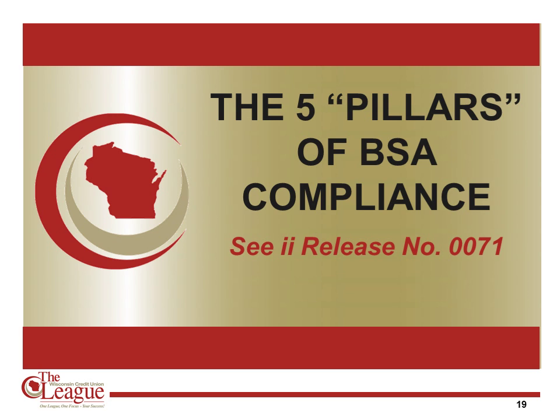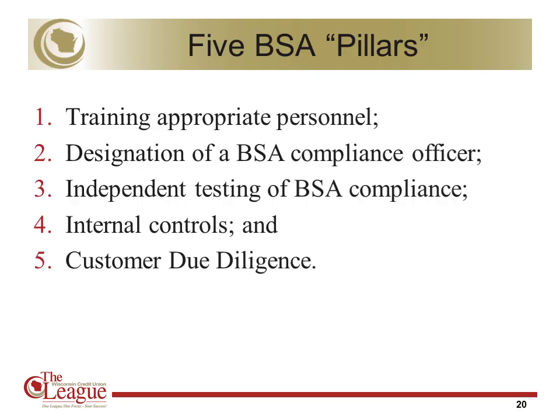So, what exactly does your policy need to address? The NCUA rules say that it must address at least 5 fundamental items. Examiners refer to these as the 5 pillars of BSA compliance. Those 5 BSA pillars are on the slide. They are, number 1, training for employees and the board.